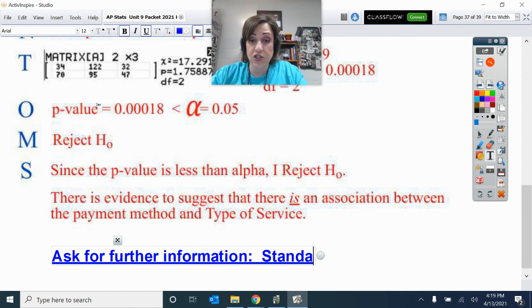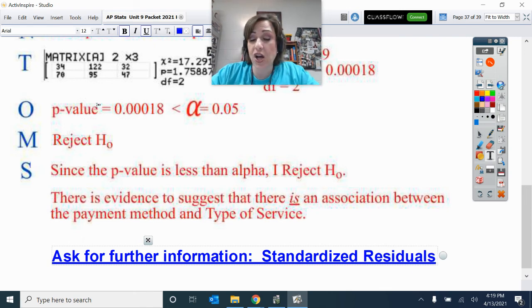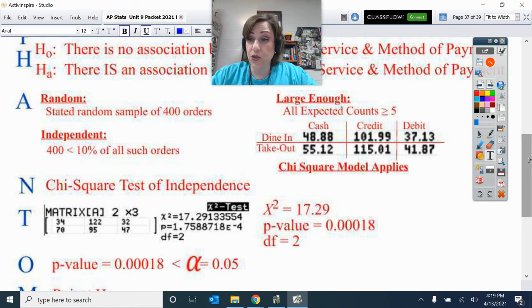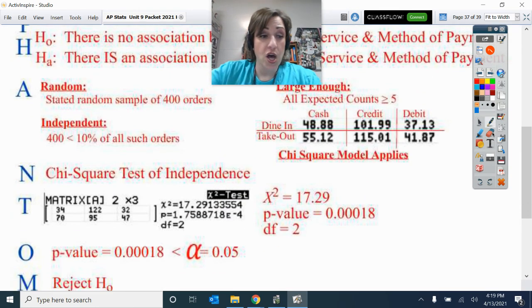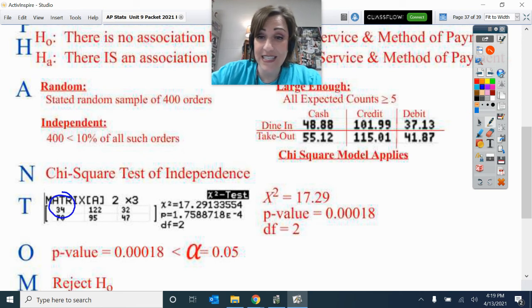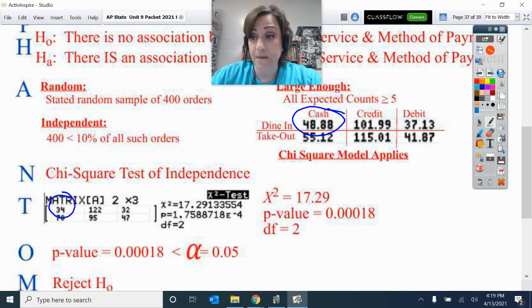So you're going to want to do your standardized residuals. I don't have that on here, but that's when you would make another matrix and do each cell's observed minus expected over the square root of expected.